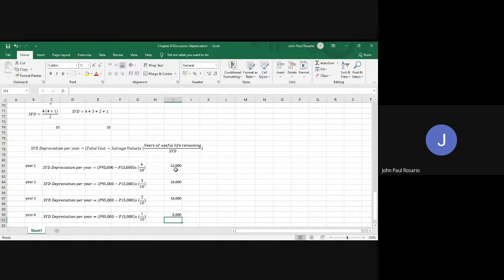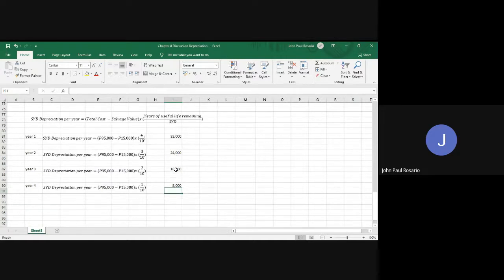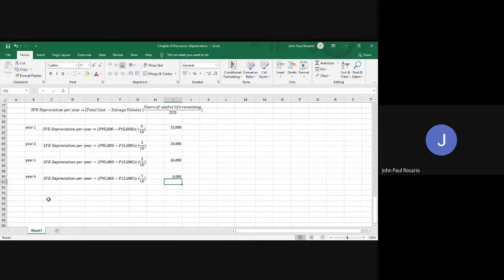So for our schedule, we have these columns. End of year. How many columns do I have? 1, 2, 3, 4, 5, 6. That's 6.